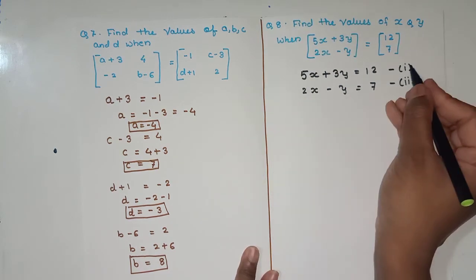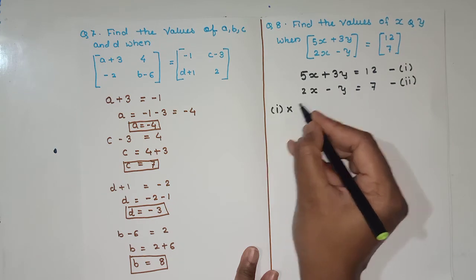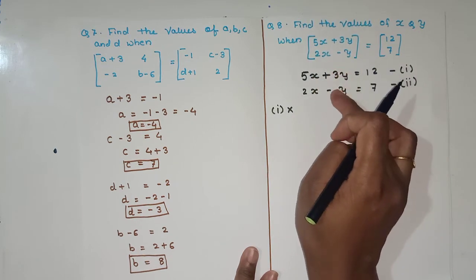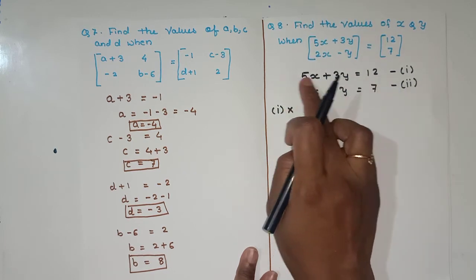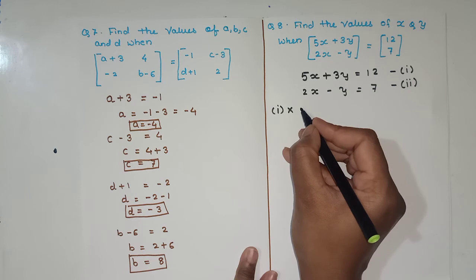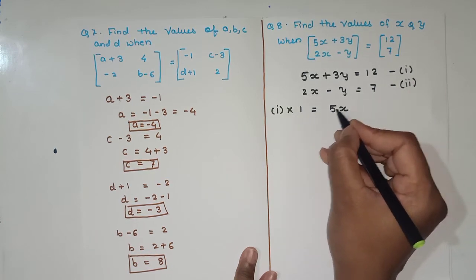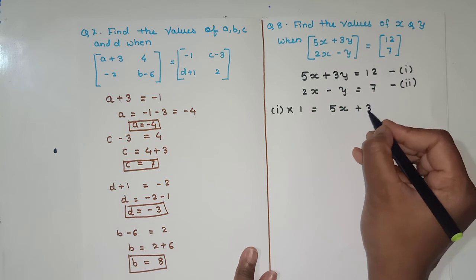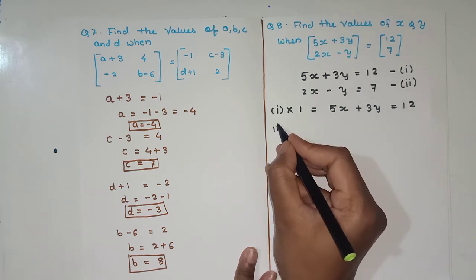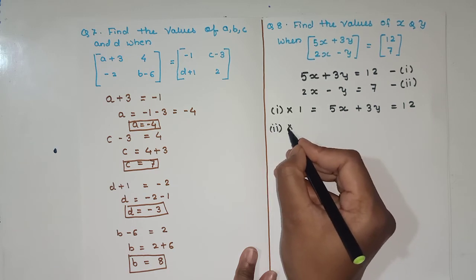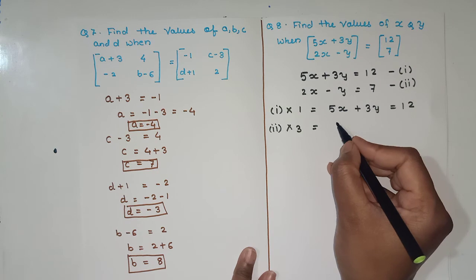To make this coefficient equal, equation 1 I will multiply by 1. So I will get 5x plus 3y equals 12. And equation 2 I will multiply by 3. So what will I get?